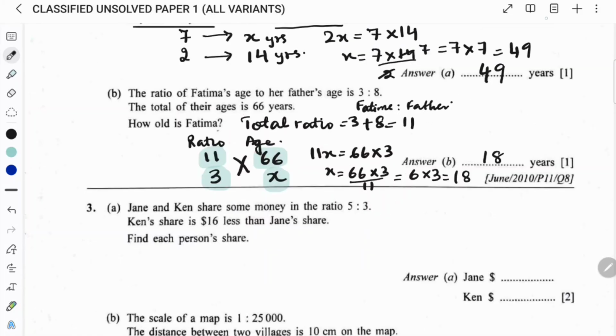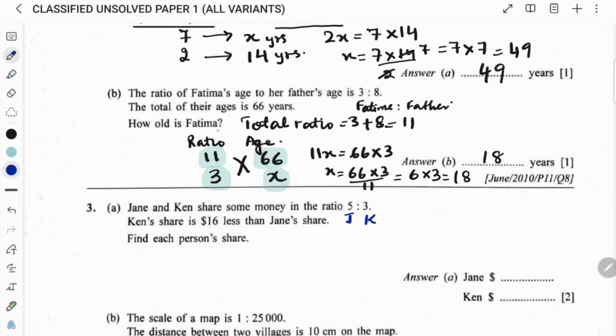All right, the next question is Jane and Ken share some money in the ratio 5:3. So in this one you are getting Jane and Ken. Okay, the Ken share is 16 less than the Jane's share.